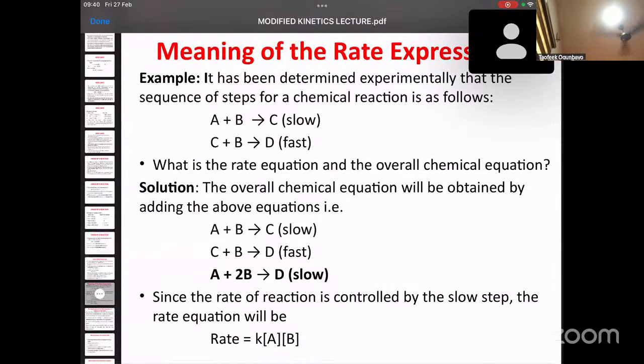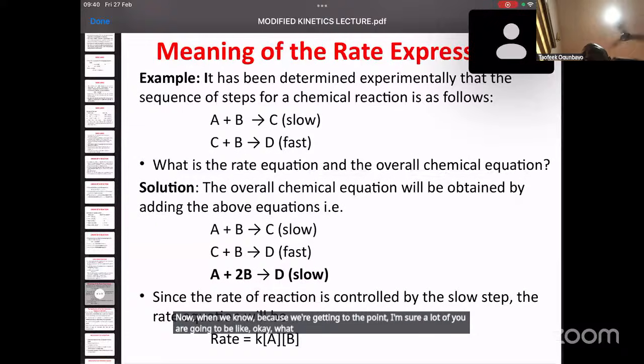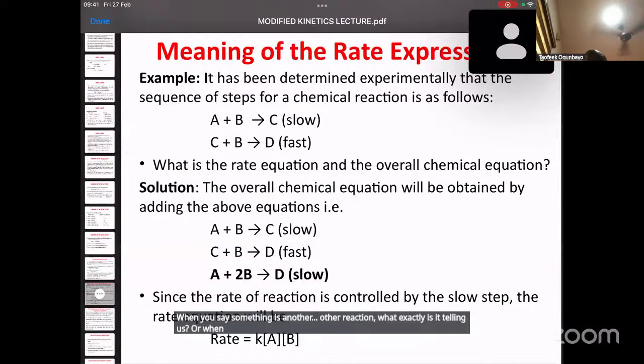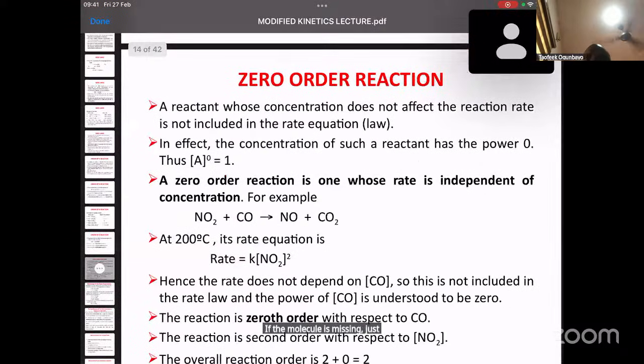Now, because we're getting to the point, I'm sure a lot of you are going to be like, okay, what does this order of reaction even tell us? When you say something is an order of reaction, what exactly is it telling us? Or when you write your rate equation, if a molecule is missing in your rate law, just like what we have here, what does it really mean?